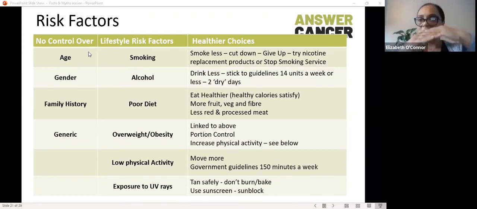So if we cut back on smoking or cut out smoking, cut down our drinking, exercise more, eat healthy, the risks reduce. So it's important to do that, and maybe just adopt one healthier choice for now, and then build on that, and then whenever you're ready, adopt another one and another one.